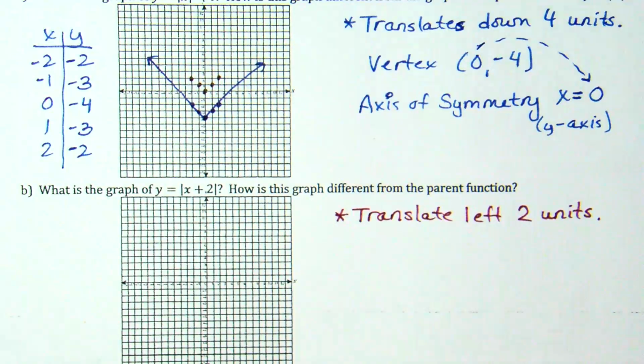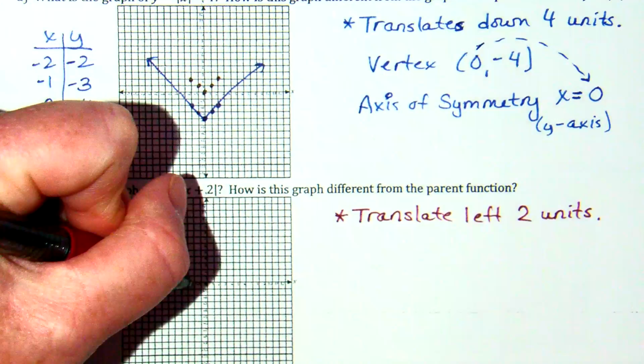How do you feel? Do you want to put the original V on here? Because here's an option. You can put those original V, although honestly, did I move each and every point last time individually? I didn't really. I moved my V and then put my new points from there. Or I moved my vertex. So my vertex is normally at 0, 0. Where's it going now? Left 2.